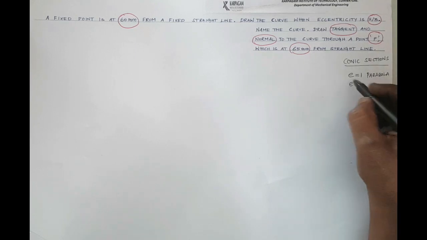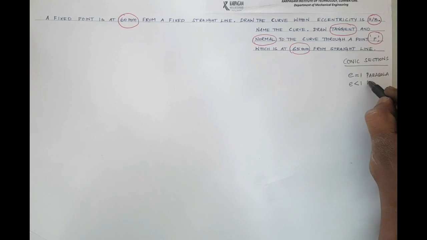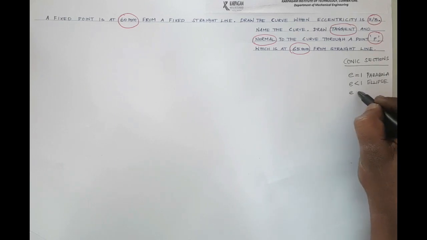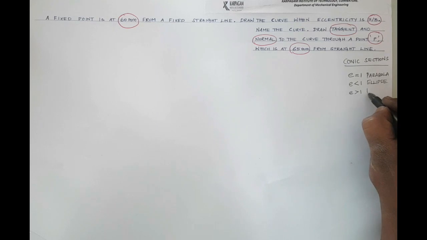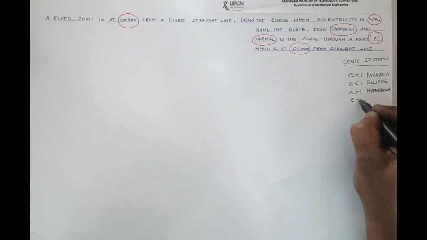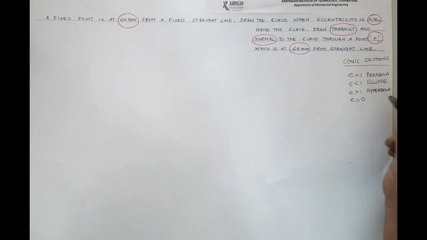If your given eccentricity e is less than 1, then it is an ellipse. If your given eccentricity in the problem statement is greater than 1, then it is a hyperbola. And if your eccentricity value is equal to 0, then it is a circle.